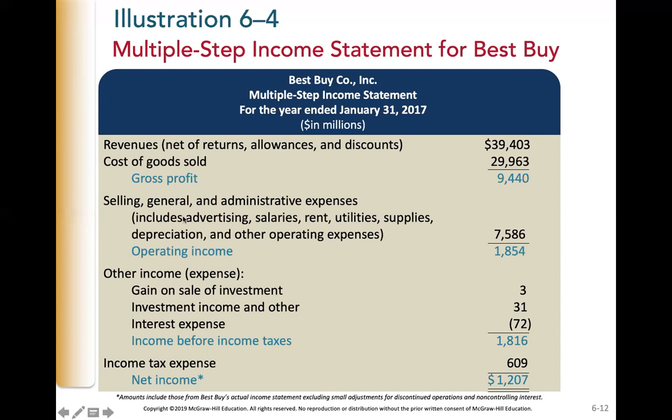After gross profit, you see what is listed as selling, general, and administrative expenses. These are often referred to as operating expenses. Expenses that you incur in the normal day-to-day operations of a business, such as advertising, salaries, rent, utilities, depreciation, etc. You would list out each of those and you would have selling and general and administrative expenses. Your gross profit, in this example $9,440, less your operating expenses gives you your second level of profit, your operating income.